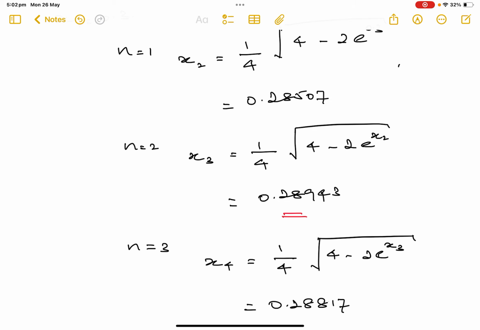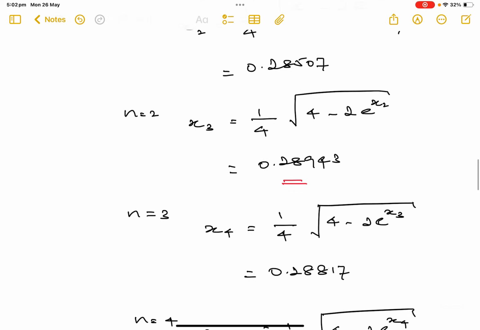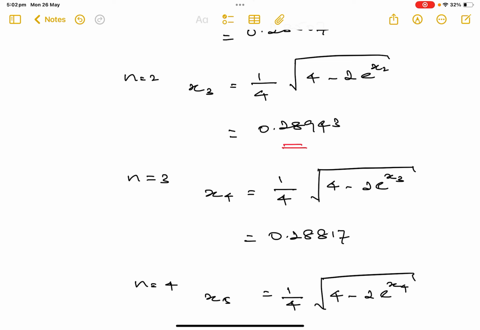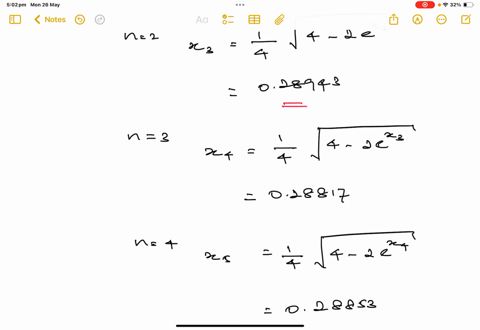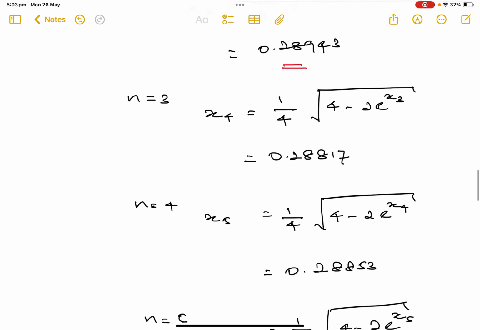Then n equals 2, x3 equals 1/4 square root of 4 minus 2e to the power x2. I just put x2 rather than put in the long value. Then the value found is 0.28943. And n equals 3, x4 equals 1/4, the same pattern, and the answer is 0.28817.